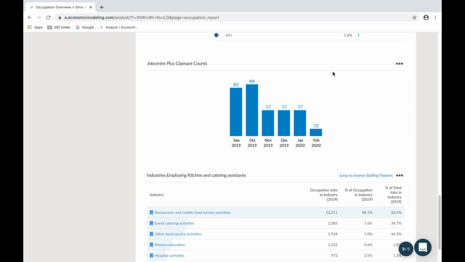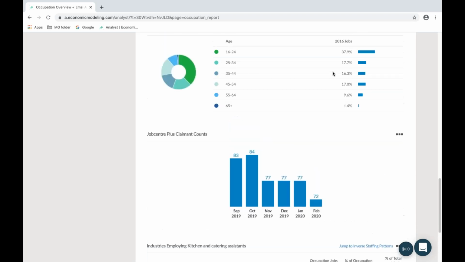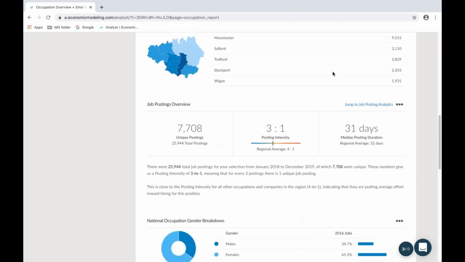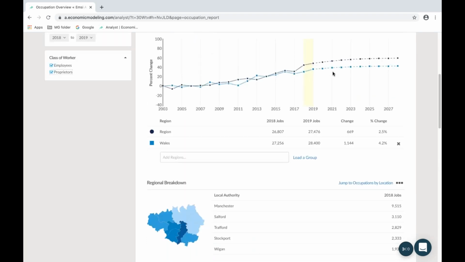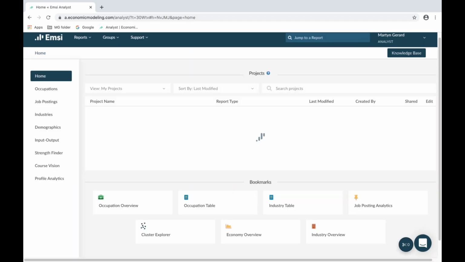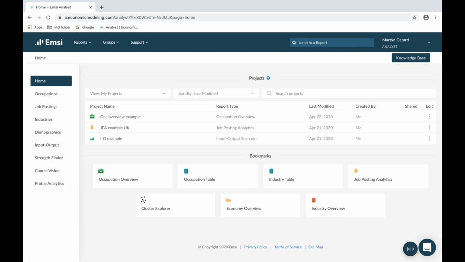We just wanted to point out where you can go for the claimant counts data. We will be having a look at where else to include that within the tool, and obviously you can group occupations together and look at them in aggregate.